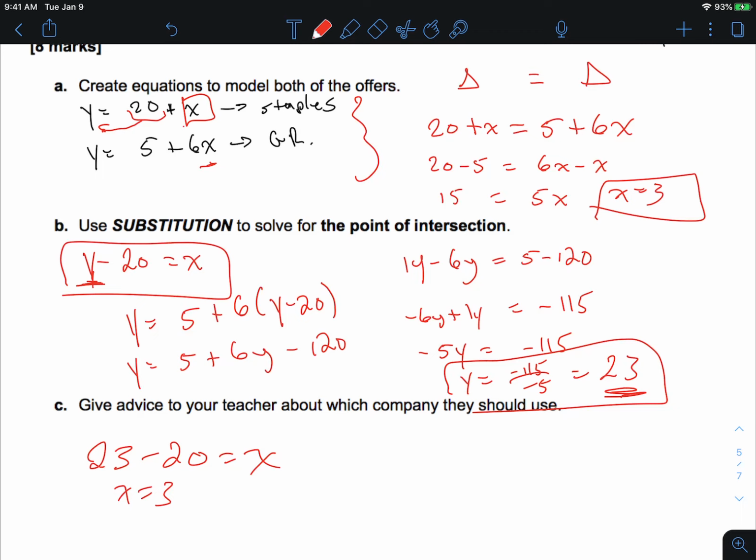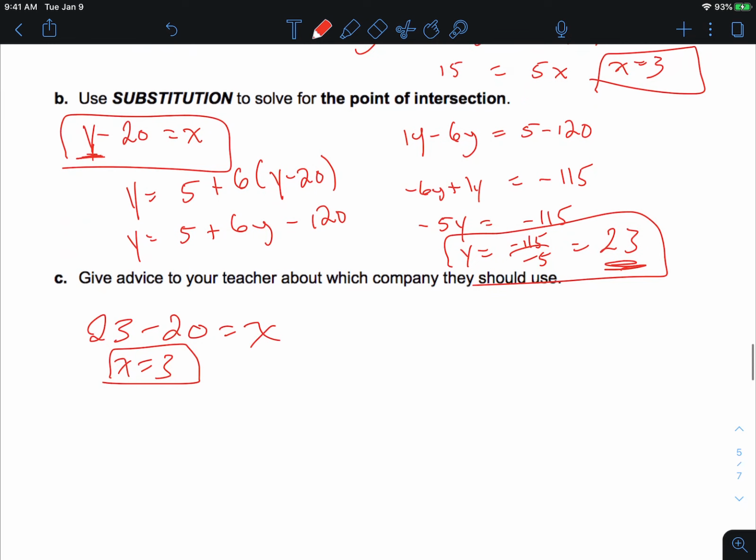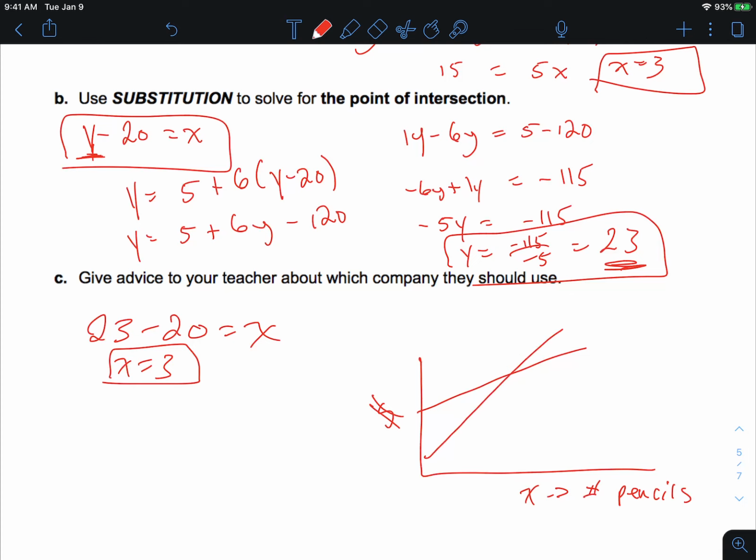So then you're deciding, okay, if I were to graph this, along the x-axis is going to be the number of pencils, and along here is going to be the amount of money you're spending. It doesn't matter what these two lines look like, but the important part is that they cross here at 3 and 23.